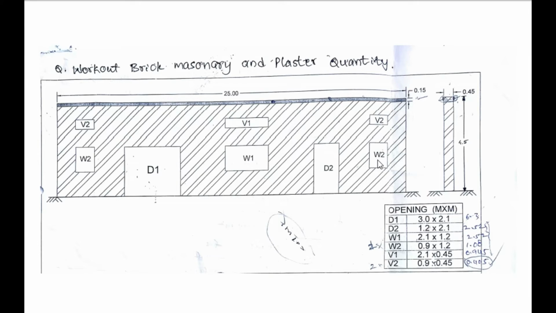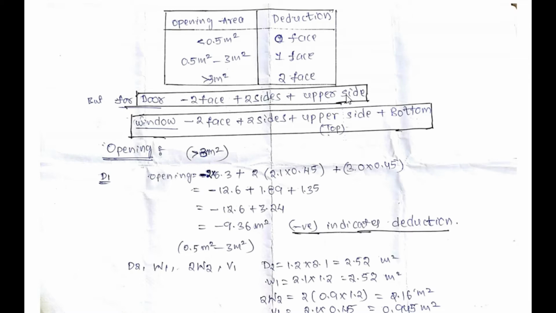Similarly, W2 is 0.9 wide, 1.2 height. Ventilator 1 has a breadth of 2.1 meter and a height of 0.45, and ventilator 2 has 0.9 breadth and 0.45 meter height.